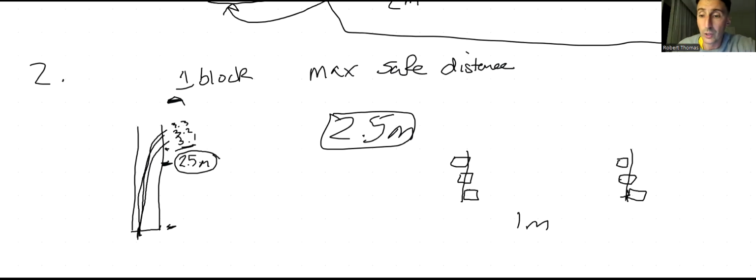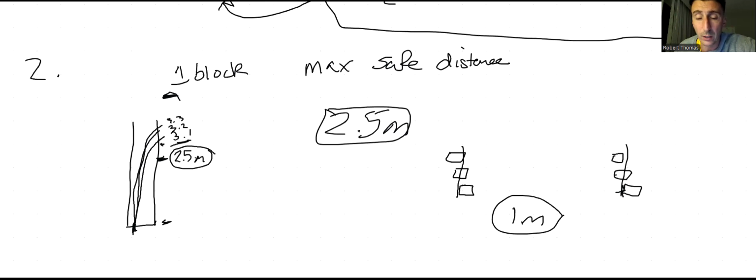The key here is this: it has to travel a meter. So as long as you match it up front to front, that car is going to travel a meter. I think front to front's easiest because you can see when it crosses this line. Middle is very tough because it's arbitrary. You have to figure out where the middle is.